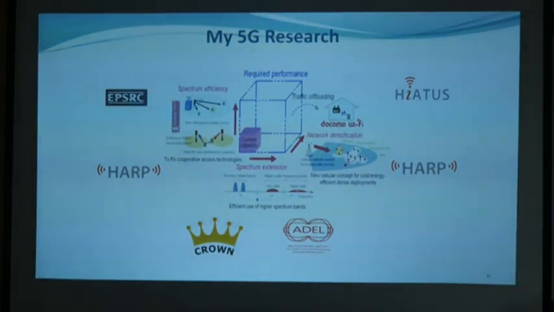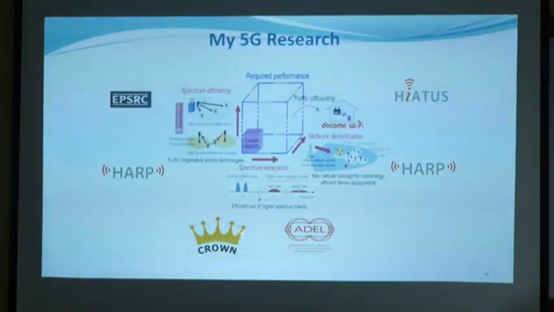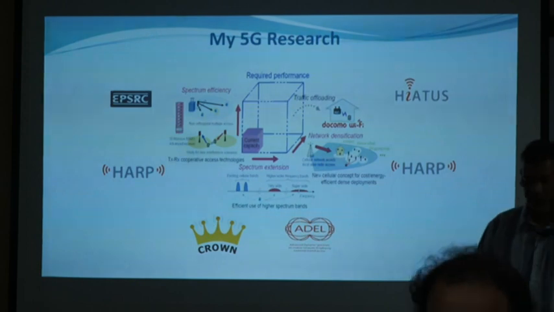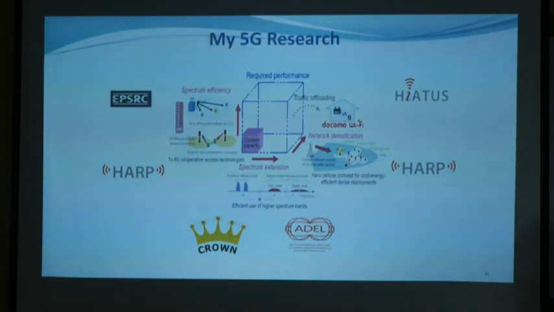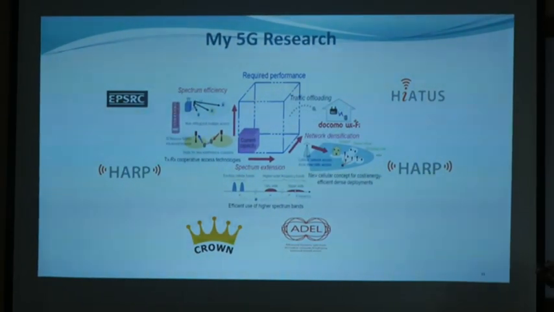The CRONE and the ADAL projects are about how to use the spectrum efficiently, license shared access, etc. Again, the HIATUS and HARP projects are about how, when you do cell densification, you need to handle the interference properly. There is a technology called interference alignment. We have studied those things in the cell densification domain as well, on how to handle interference effectively. So I worked on all three dimensions in my previous research.